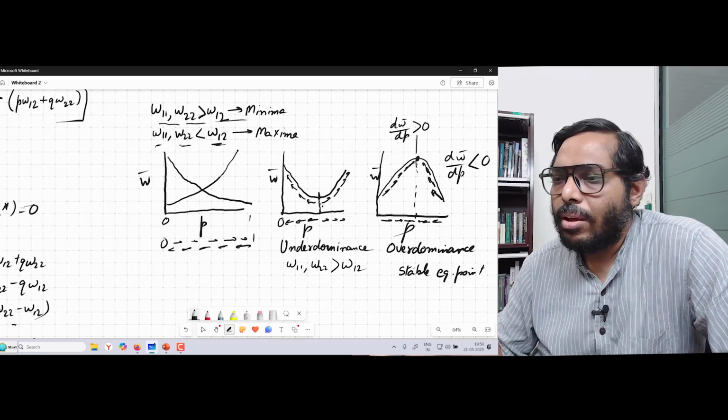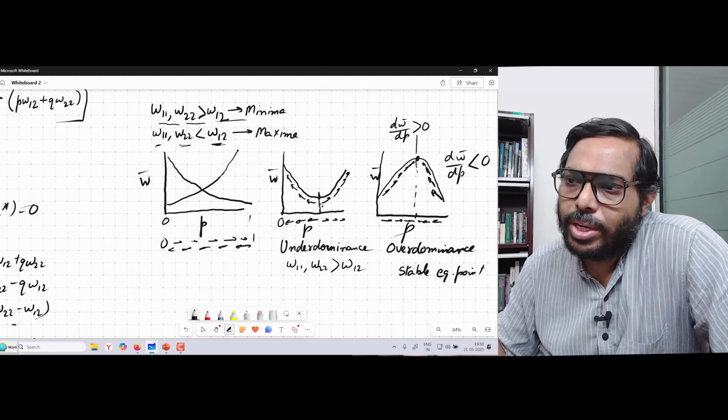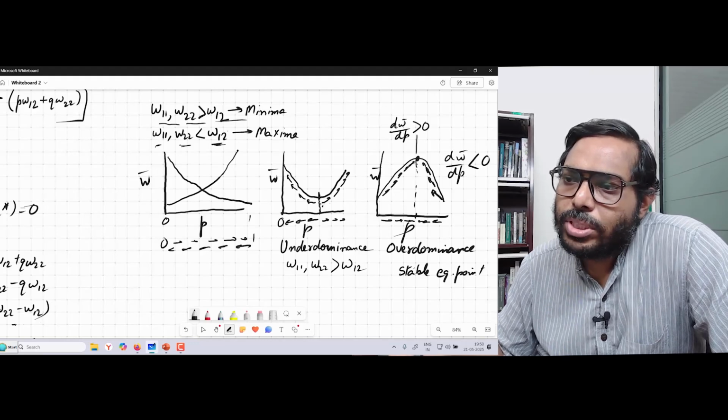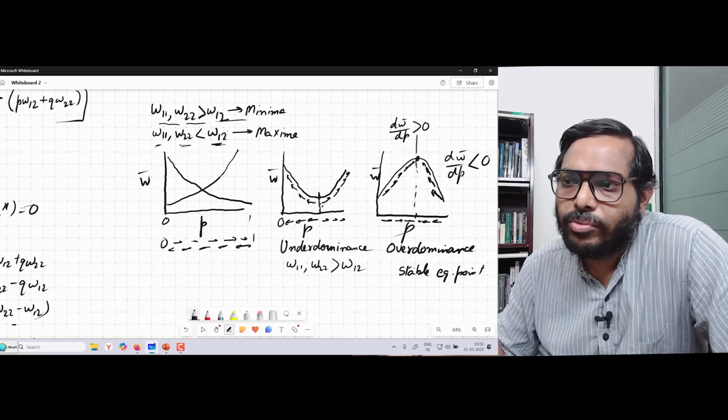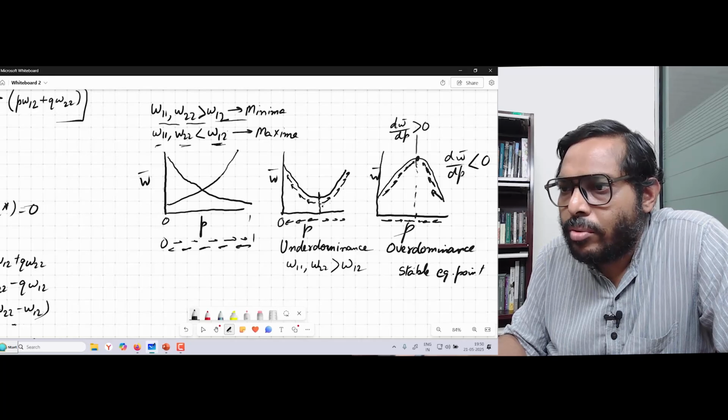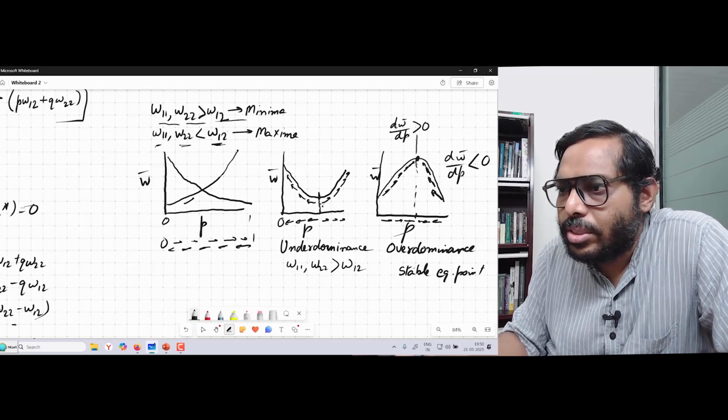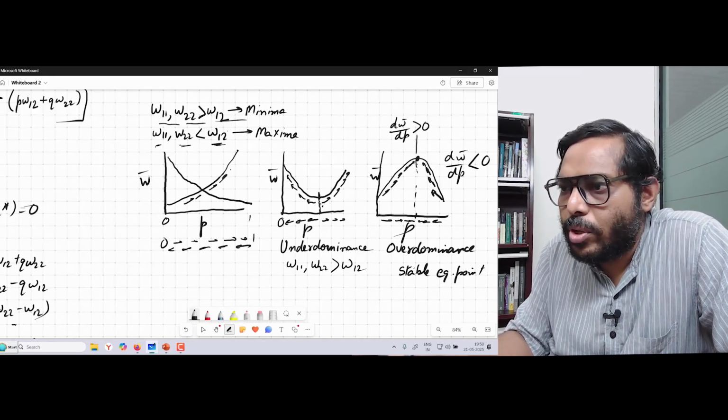What happens here in this particular case? Here, you see that the slope is positive over here, so at any point where you start, the average fitness will go like this, because delta p is always positive. So p will go in this direction.